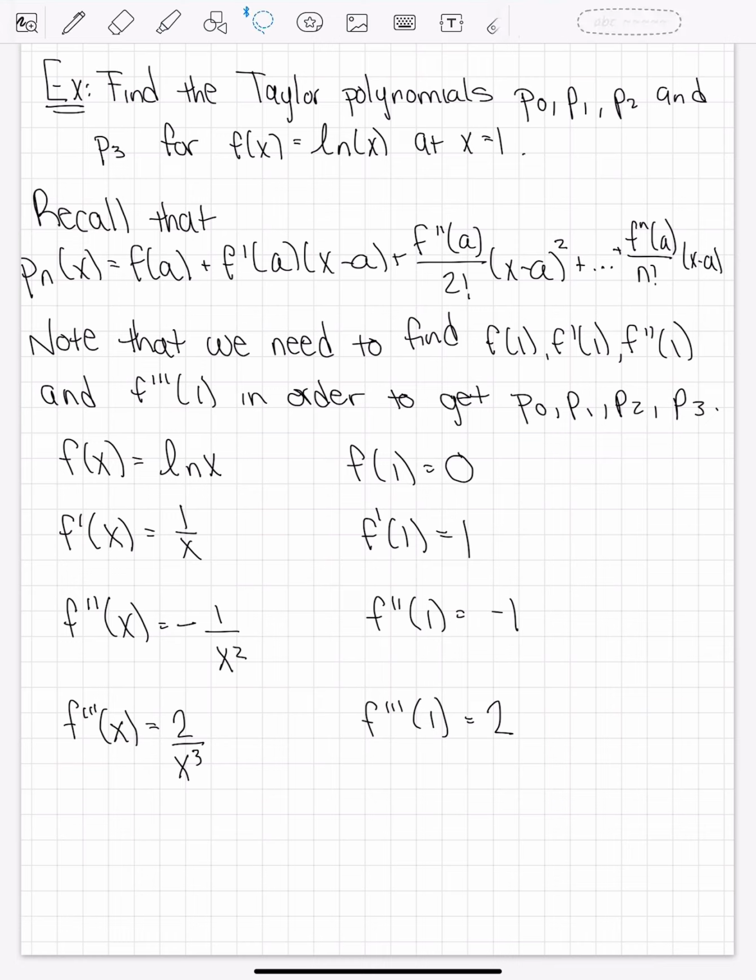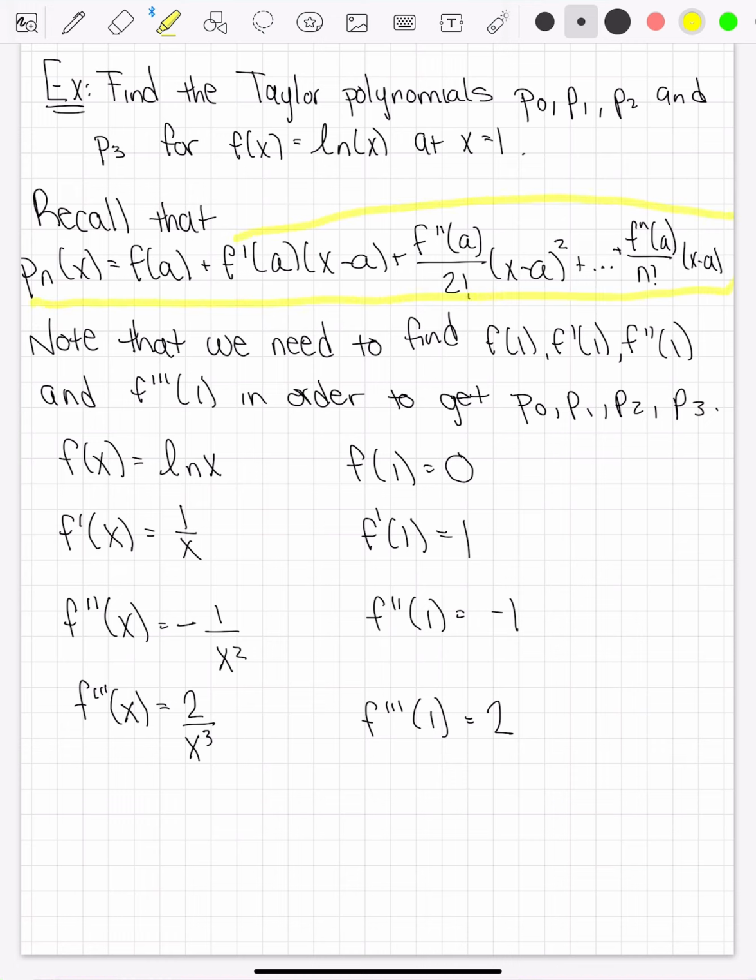Okay, so remember, this is our formula for the Taylor polynomial. The first one is just the first term, so P0 is equal to f of 1, which we got is 0.